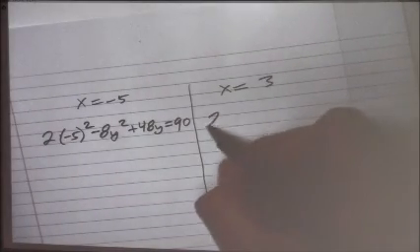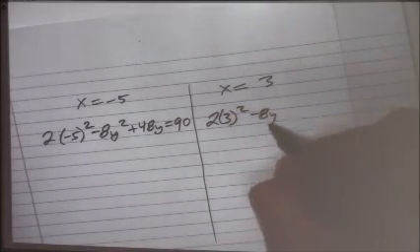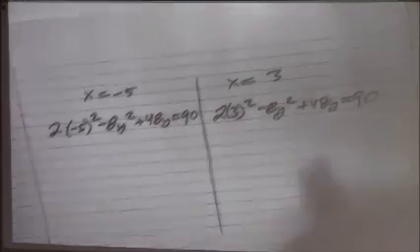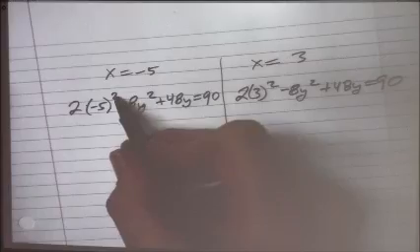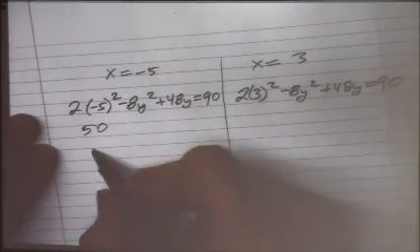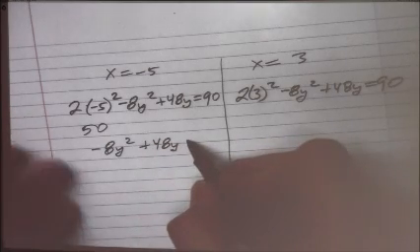And over here, 2 times 3 squared minus 8y squared plus 48y is equal to 90. Okay? So that's 25 times 2, we get a 50 here. So what we get is negative 8y squared plus 48y.